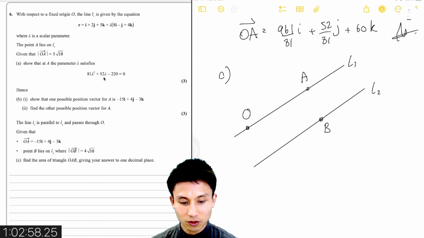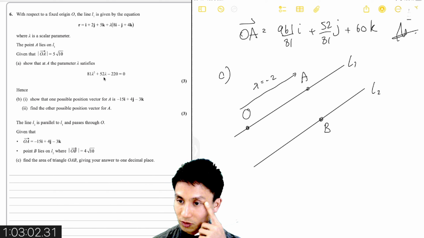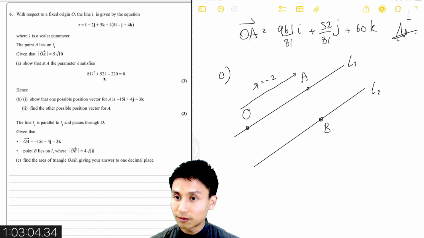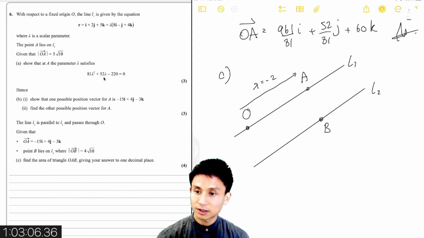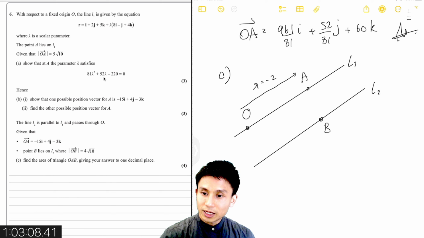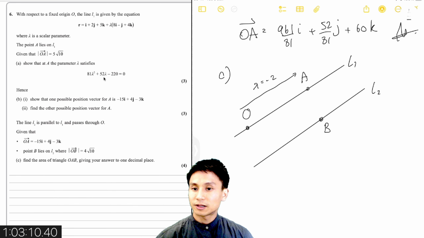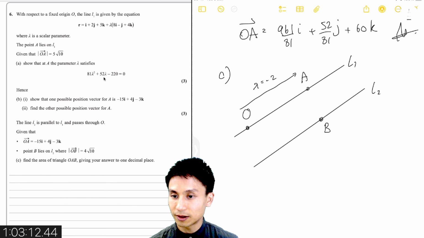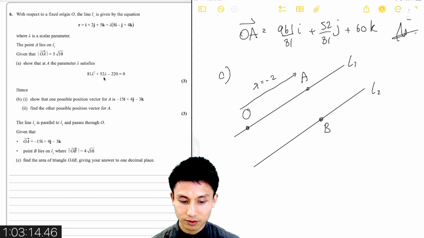Okay. So OA here is where lambda is equal to -2. All right. OB is 4√10. Okay. They're parallel. Okay. Find the area of triangle OAB.